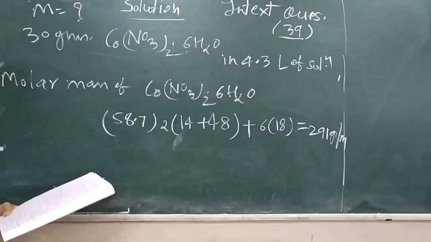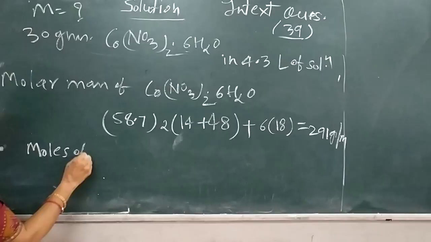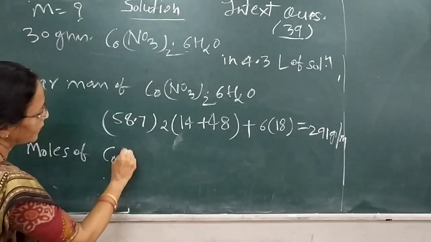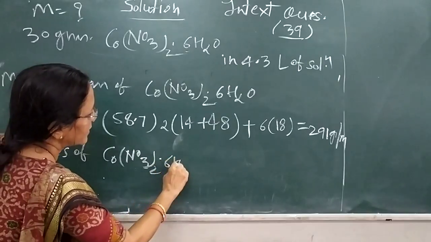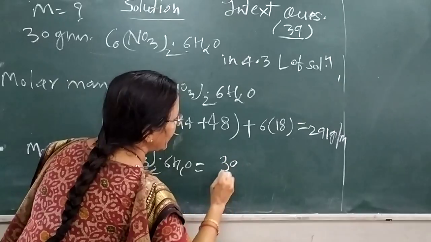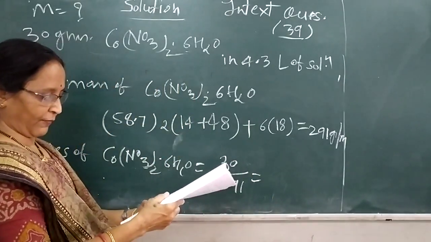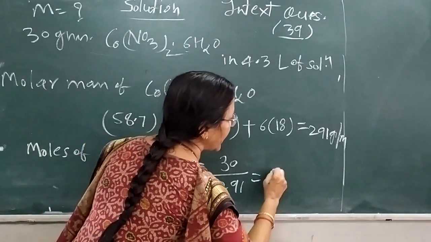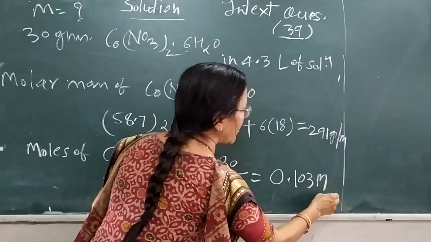Now moles of Co(NO3)2·6H2O is equal to 30 gram given, divided by molar mass 291. So after calculation, student, my answer is coming 0.103. You also calculate.